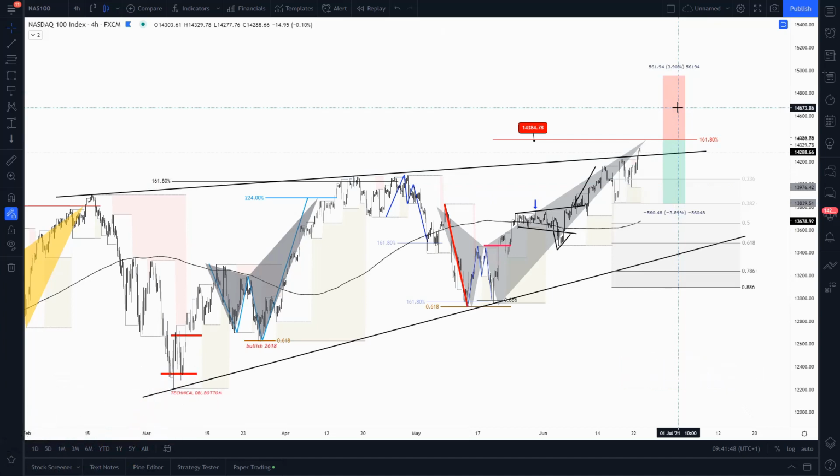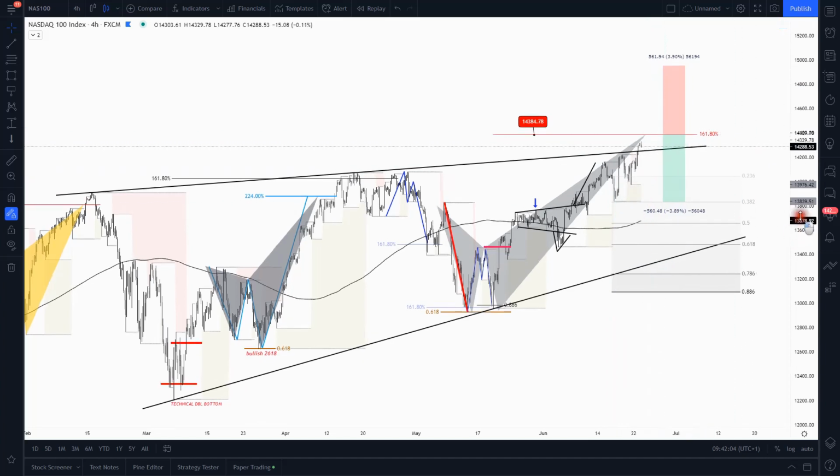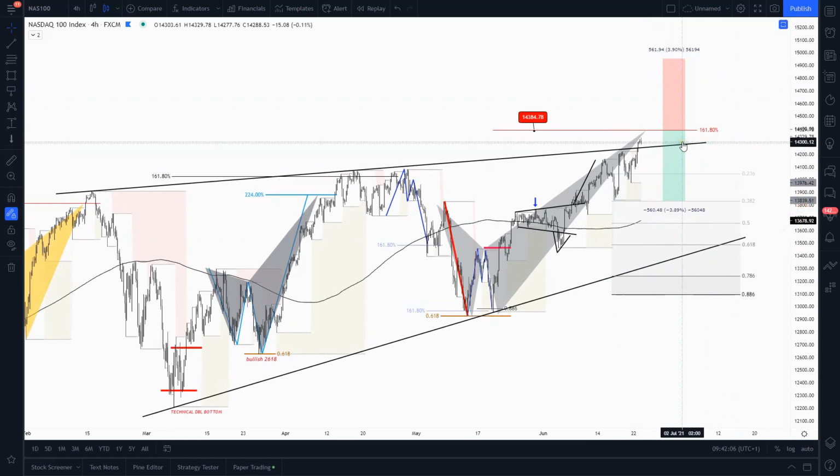Now, do I need to use all this range to protect my shark pattern or my crab pattern? Usually I don't need to use a one-to-one risk reward, because by default I want to see a clear reaction as soon as the price touches that Fibonacci extension level.